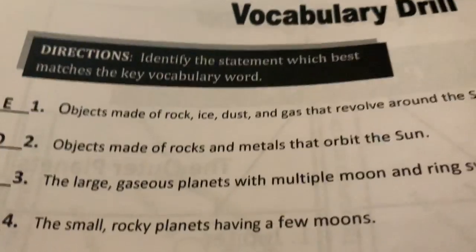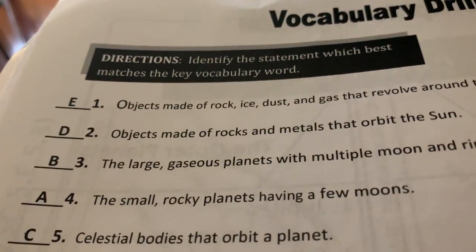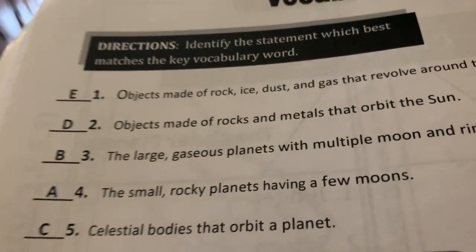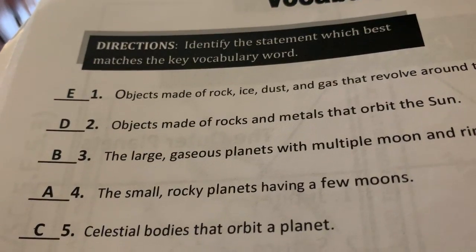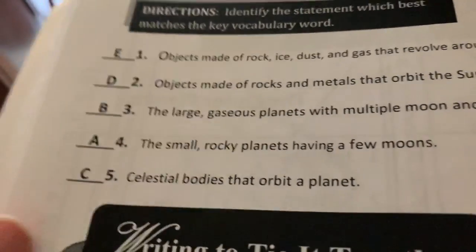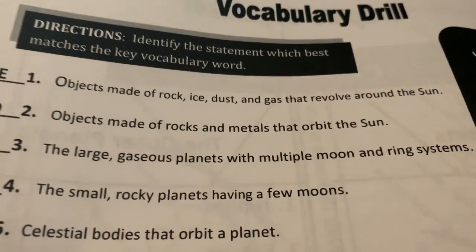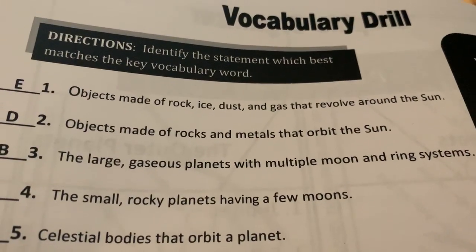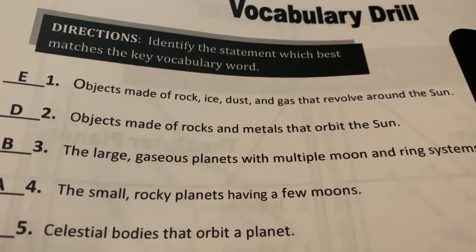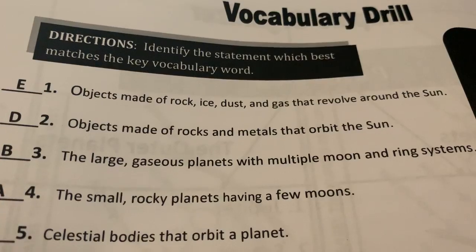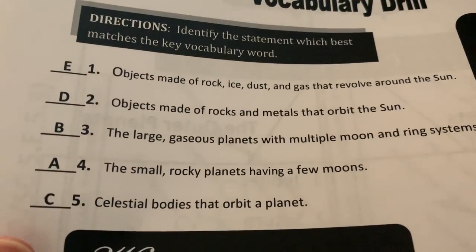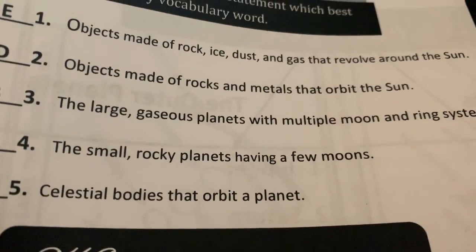Now let's do the vocabulary like we would do if we were in school. First question is objects made of rock, ice, dust, and gas that revolve around the sun. Do you know what those are? They're made of rock, ice, dust, and gas, and those would be comets.